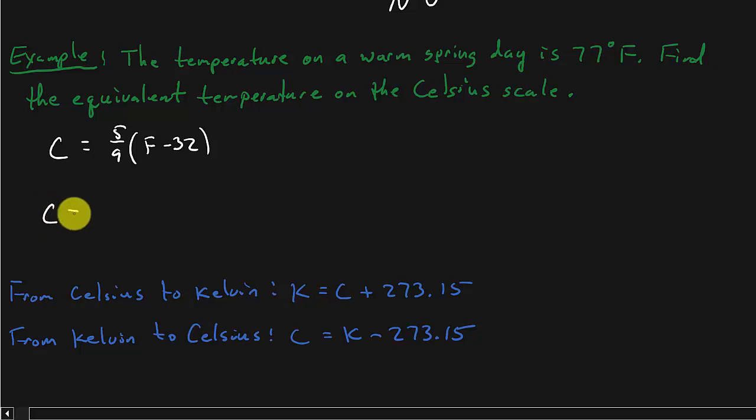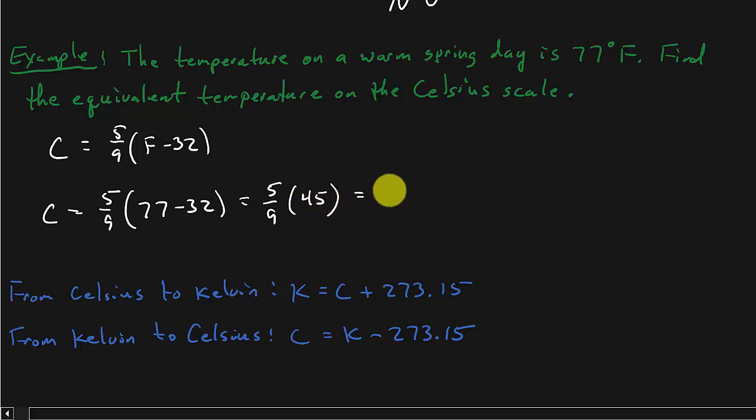And so C would be 5/9 times F, and in the place of F, that's degrees Fahrenheit, that's going to be 77 minus 32. And that would give us 5/9 times 45, which is equal to 25 degrees Celsius. And there's your answer.